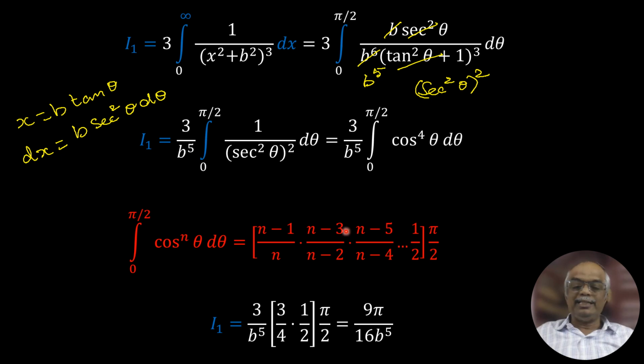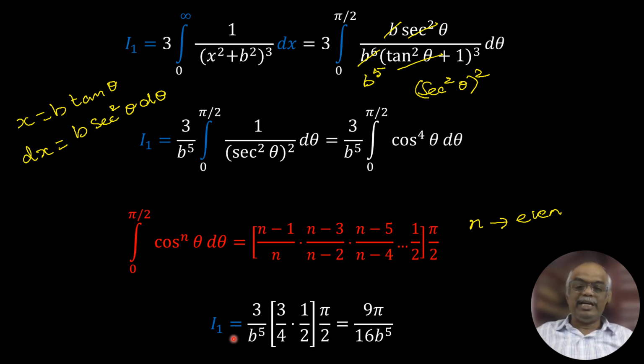This is subtracting odd integers. In the denominator you are subtracting from the even integer, that is n minus 2, n minus 4, it will go up to 2. This is applicable when n is an even number. Here n is 4, so it is even, so naturally this will be your result.